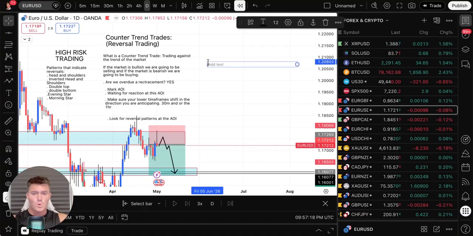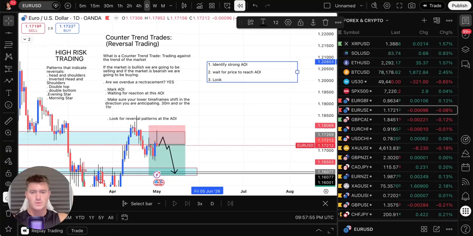So number one is going to be to identify strong area of interest. Two, wait for price to reach area of interest.